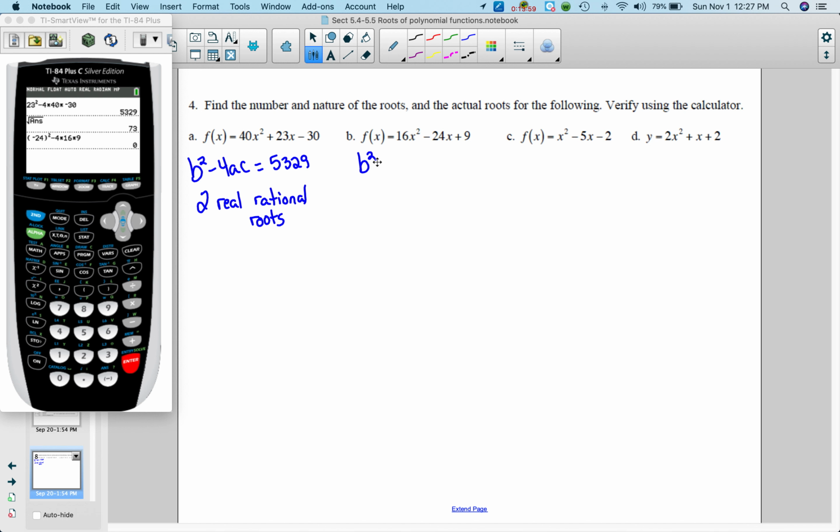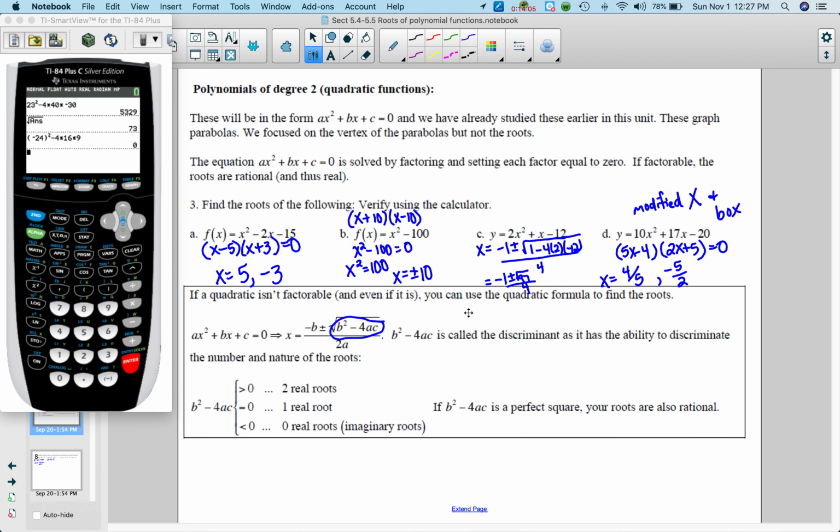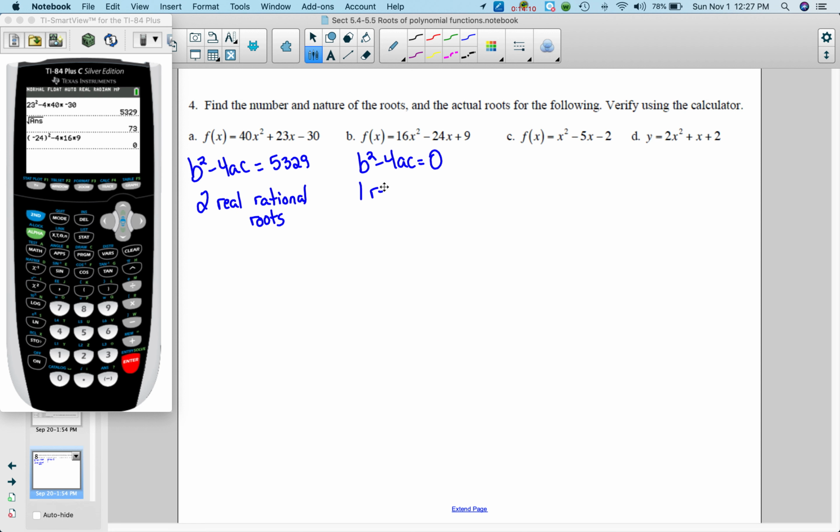So the discriminant, b squared minus 4ac, equals 0. So remember what that means. If you get 0, that means we have one real root. Now remember how that would show up on a graph. If you only have one real root, and this is opening up, that means my parabola is sitting on the x-axis.